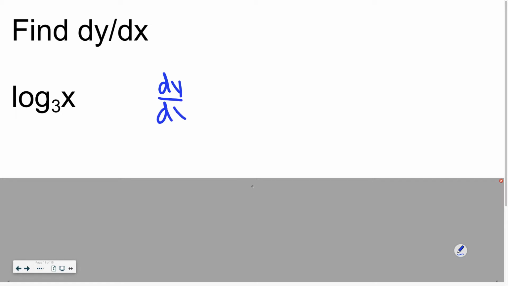So the derivative of log base 3 of x, it's a logarithm, so we're going to do the 1 over x, but since it's base 3, we need natural log of 3 in the denominator also.